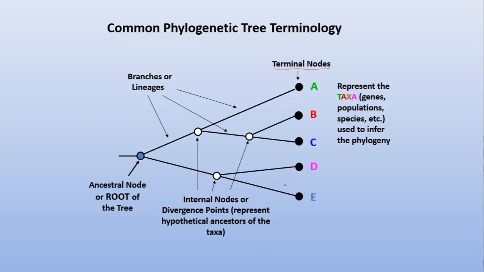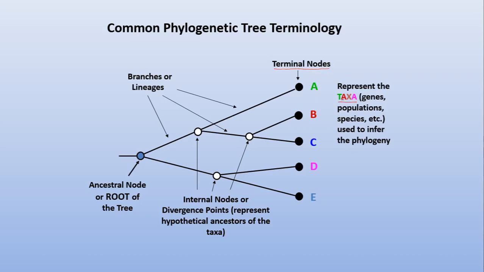So over here, the nodes that are present at the end of the tree, for example, nodes that we have designated as A, B, C, D, and E, are called terminal nodes.